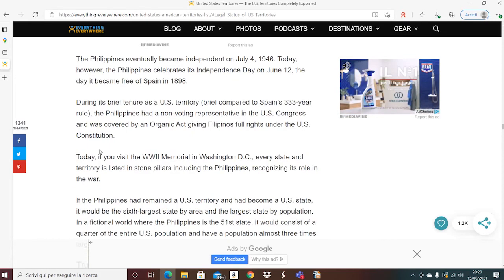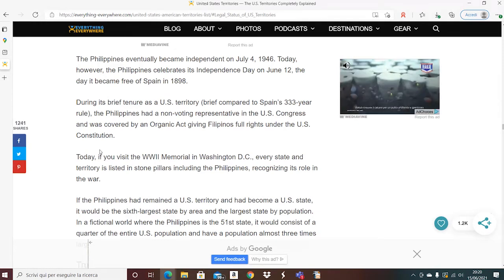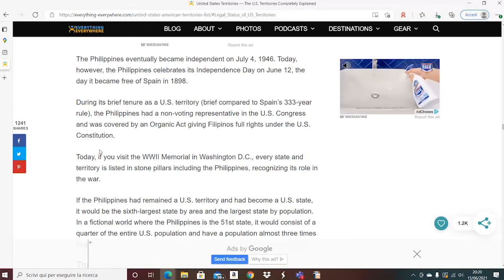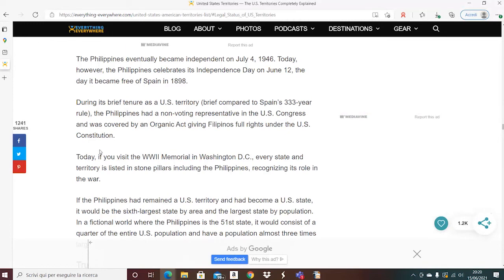Today, if you visit the World War II Memorial in Washington, D.C., every state and territory is listed in stone pillars, including the Philippines, recognizing its role in the war.